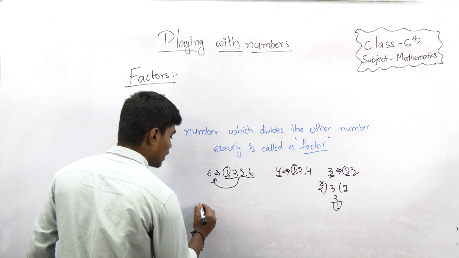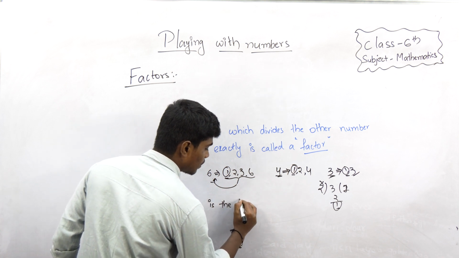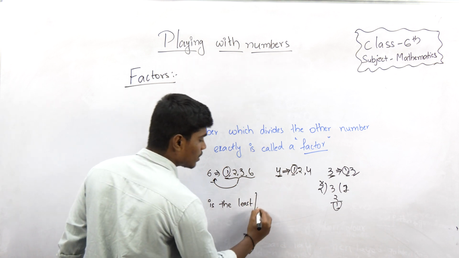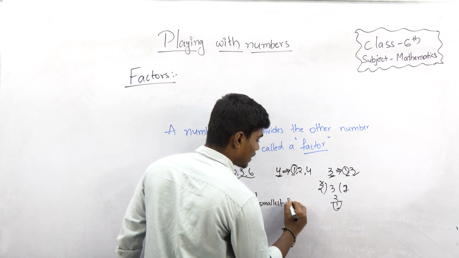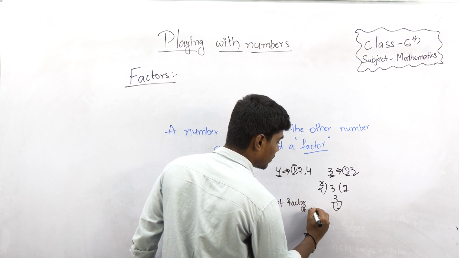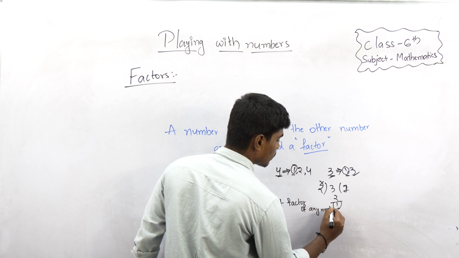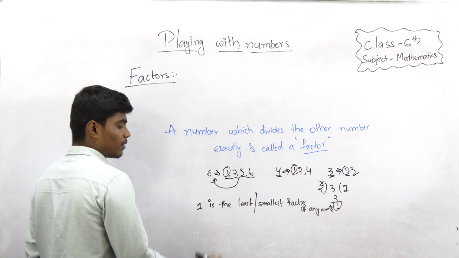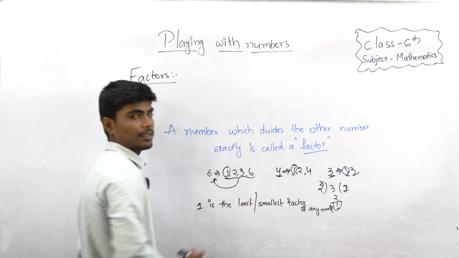Okay, so what can we conclude? 1 is the least or smallest factor of any number. If you take any number, 1 is the smallest factor.